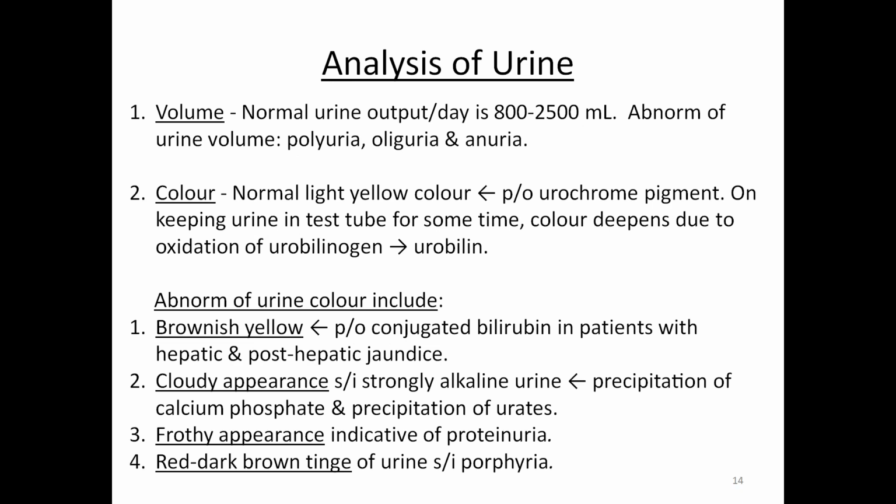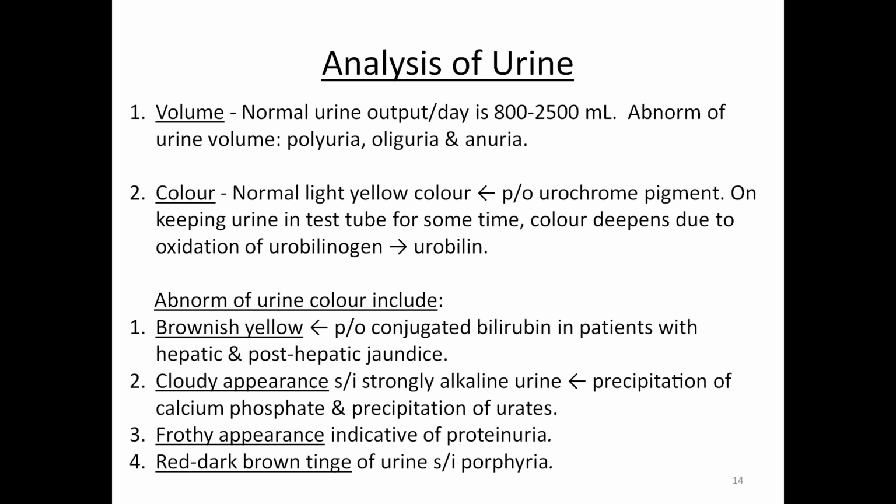So let's run through each of these one by one. This is also very much a pathology topic. But anyway, we have to know a little bit about it at this stage. So first, coming to analysis of urine. Why do we do it?